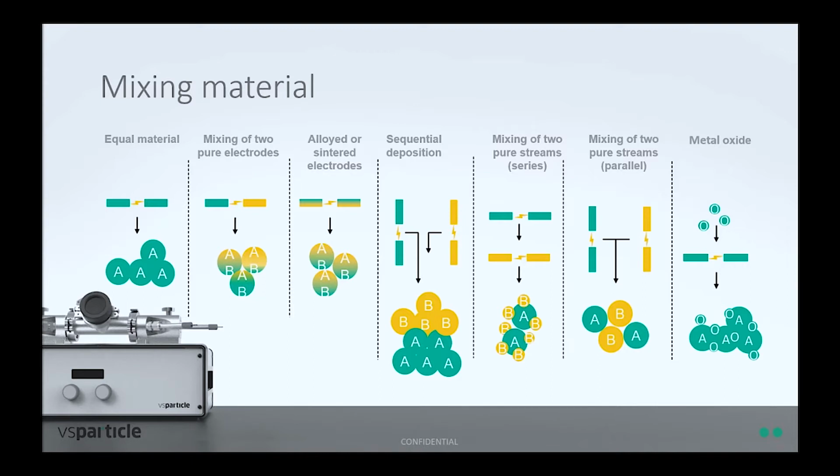This way you can create core shell particle structures or really tune the composition, and there you can also adjust the ratio. What you could also do is add a reactive gas through the carrier gas, for instance oxygen, and then you can create metal oxides or nitrides.